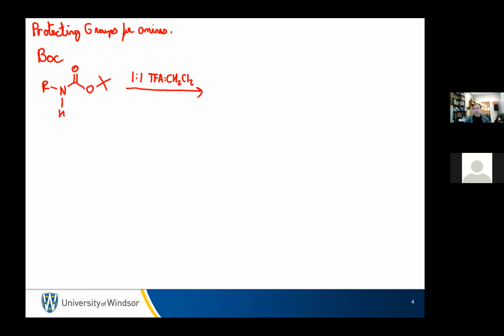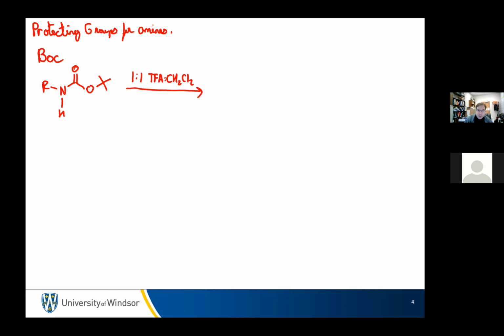You can take it off using 1 molar HCl as well. The problem is 1 molar HCl does a lot of other things to your molecule. TFA is very selective. It tends to only remove the Boc group. If you're using standard peptide stuff, HCl can cause you some grief.